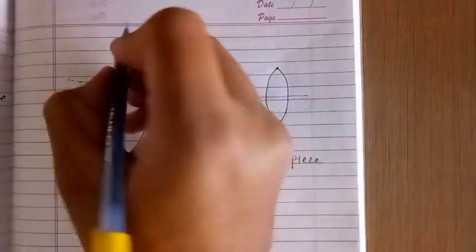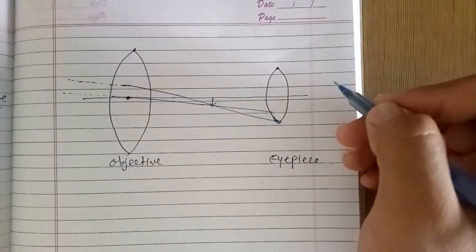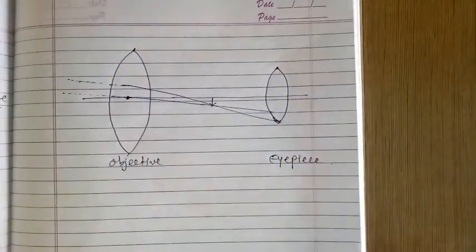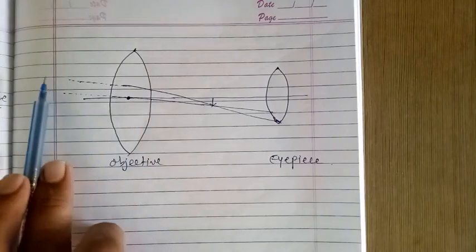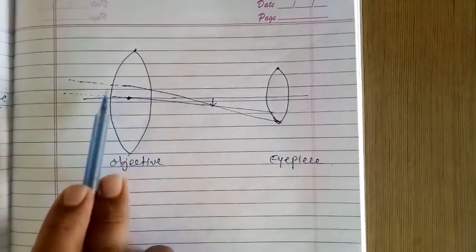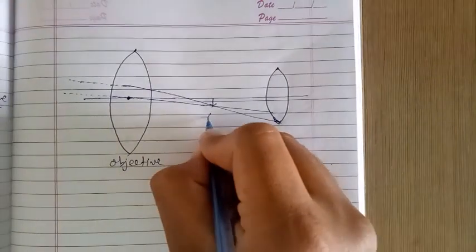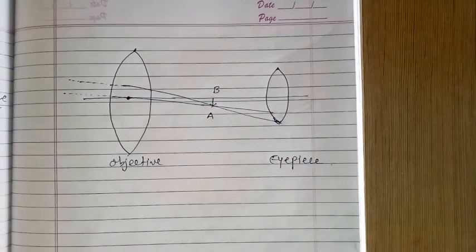Here the diameter of the objective is greater than the diameter of the eyepiece. The parallel rays from the object pass through the objective and give an image, right? So this is the image of object AB.